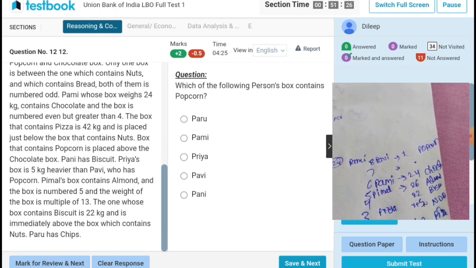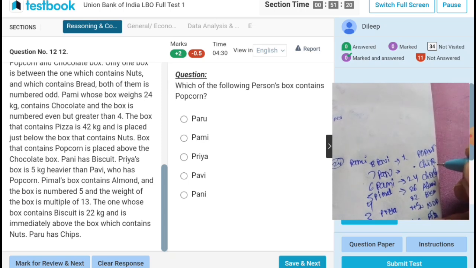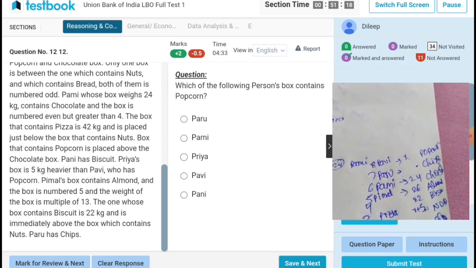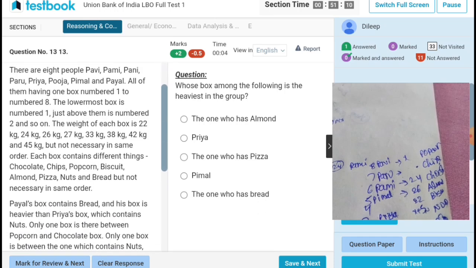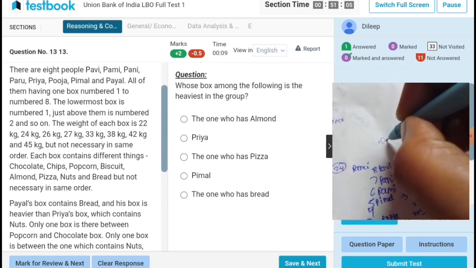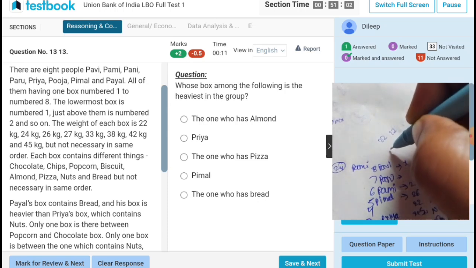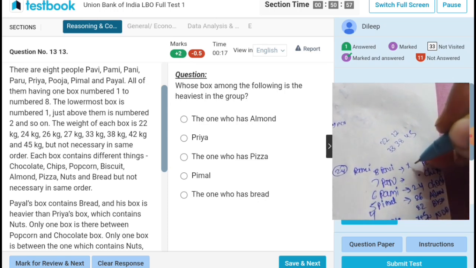Paru is chips. So Paru, chips. Pavi, heaviest in the group is, so already 24, so 22, 24, 26, 27, 33, 38, 45.